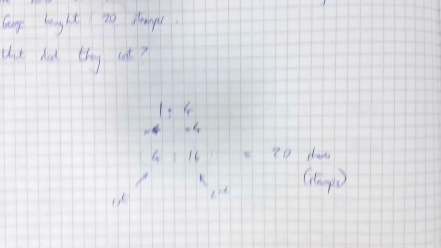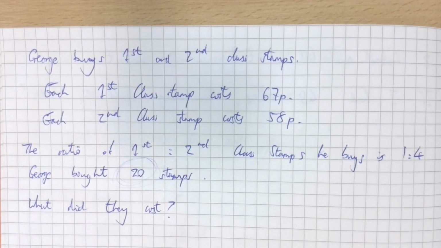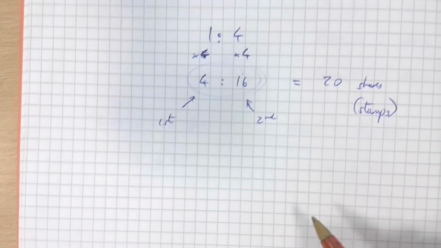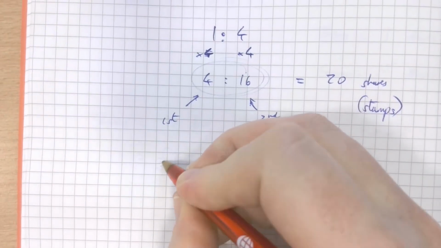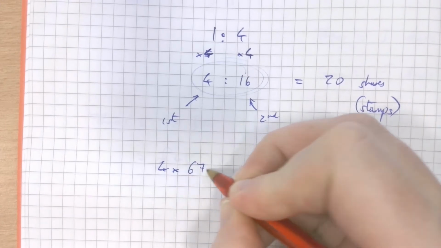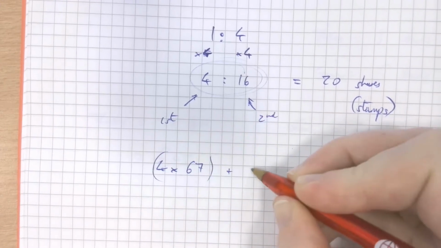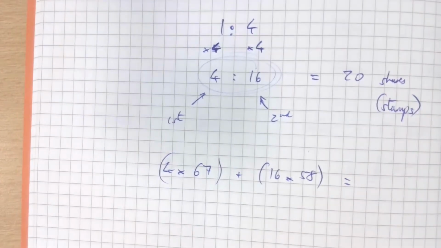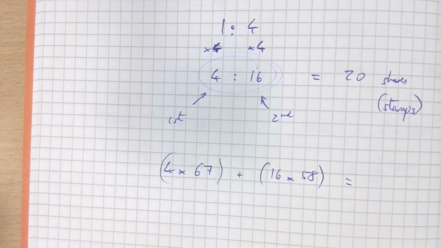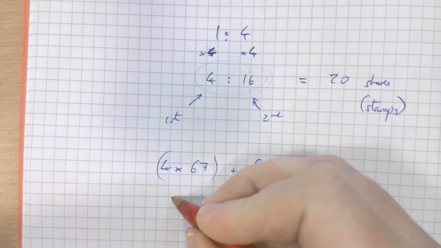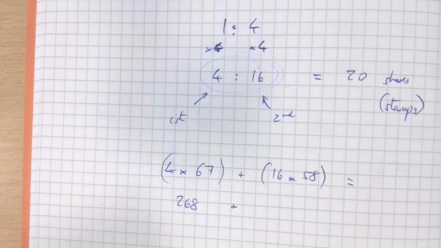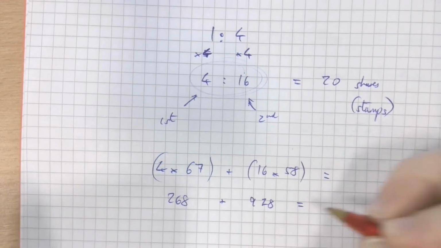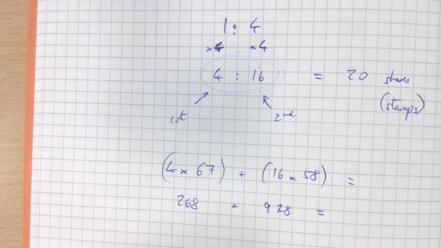Okay, now going back to what they cost, each first class stamp costs 67p, each second class stamp costs 58. So let's work that out. The total cost is 4 times 67p for the first class stamp plus 16 times 58 for the second class stamp. And if you just give me a moment to get out my calculator, that's 268 plus, unfortunately I'm not the kind of guy who can just run those things off in his head.